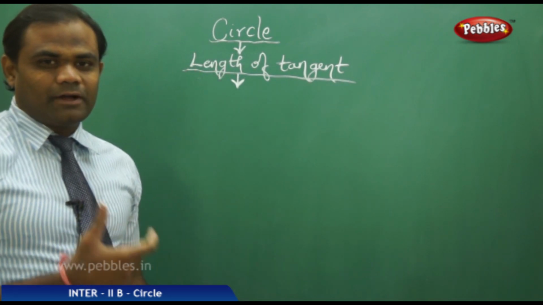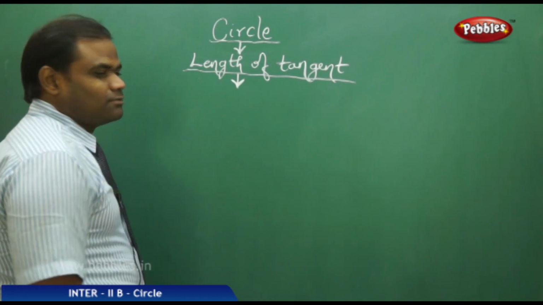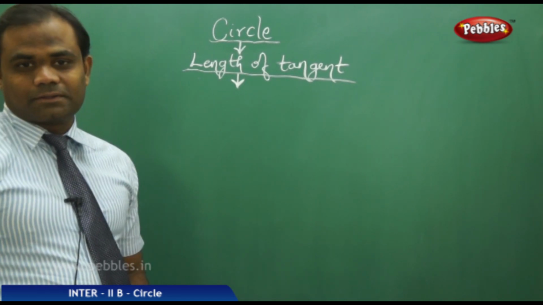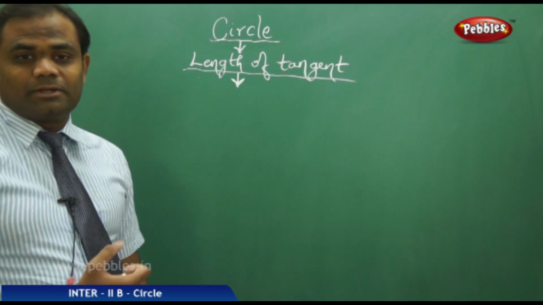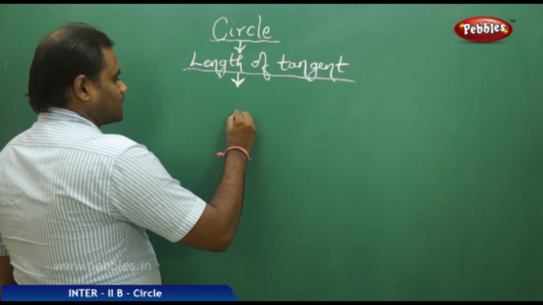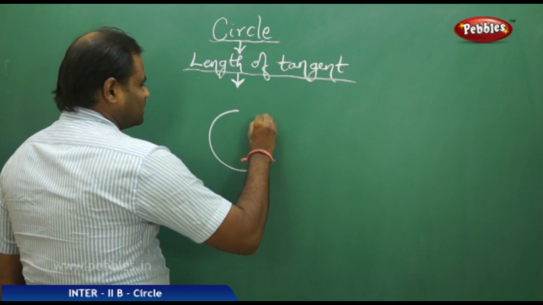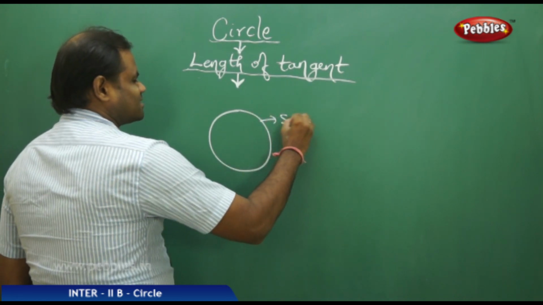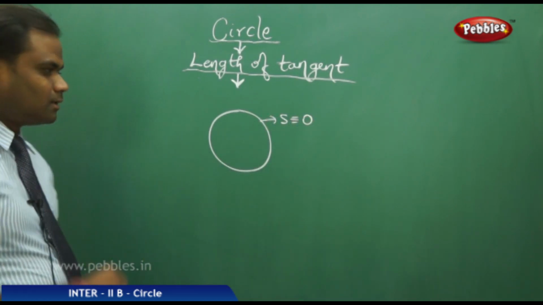So now that we have defined the tangent for a circle, let's see what exactly the length of the tangent is in the mathematical sense. Now suppose I take a circle S = 0.